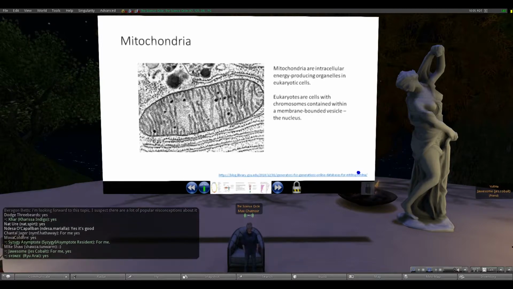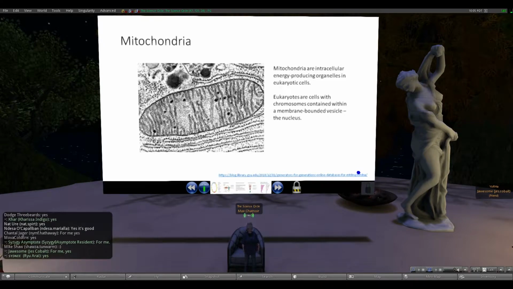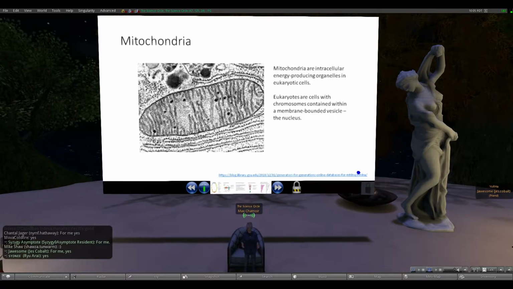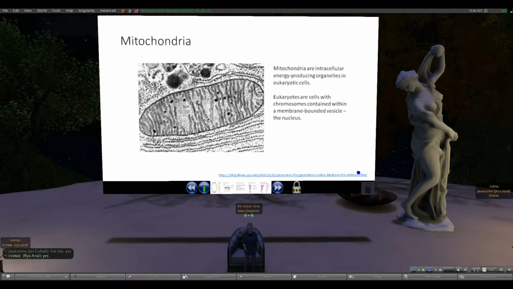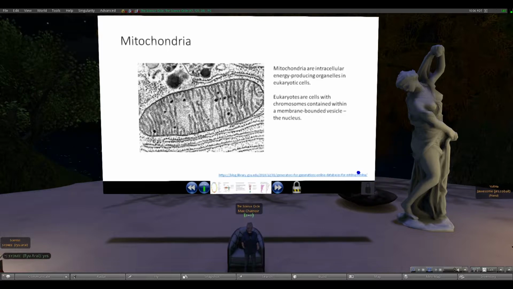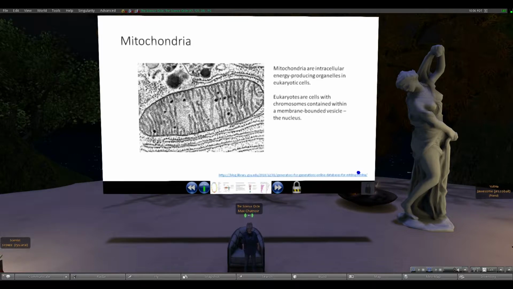What they do is convert the energy of high-energy electrons in carbohydrates or fats into the energy-storing molecule ATP, which is the common energy source for most activity in cells, in eukaryotic cells. Eukaryotes are cells that have membranes around their chromosomes. Interestingly, the mitochondrion also has a chromosome.